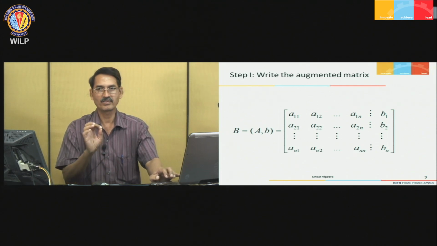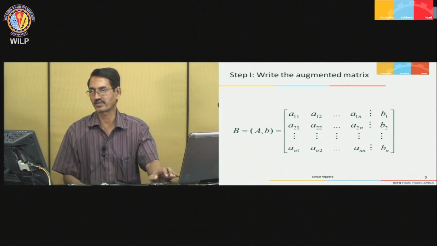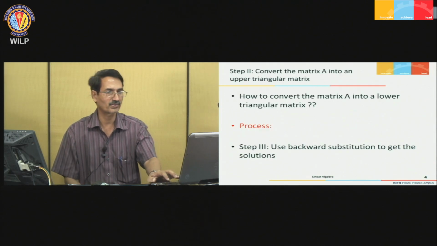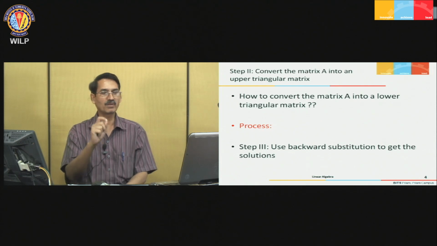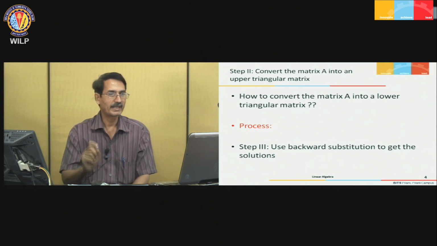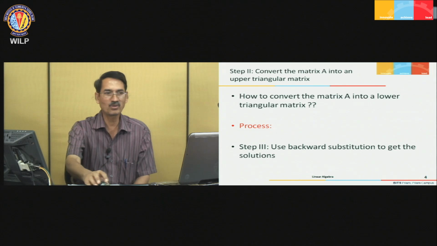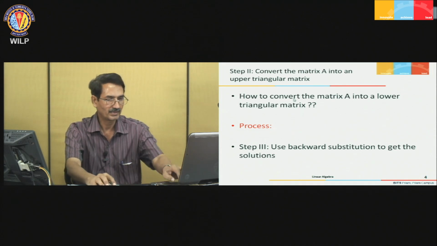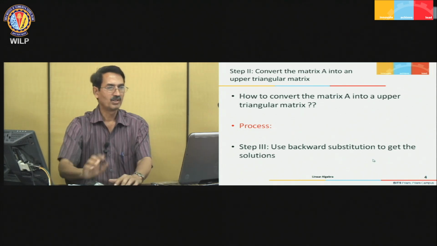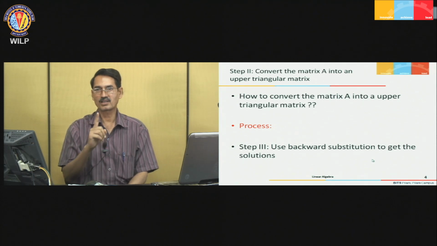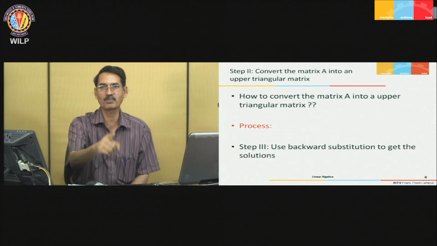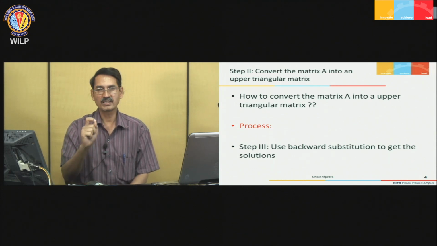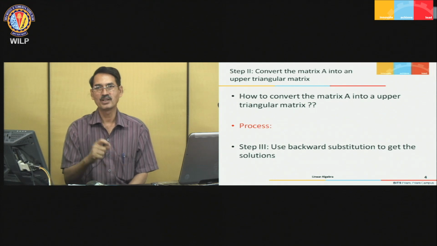So, I assume that now B is known to us, and when this matrix B is known to us, then we are going to convert this matrix into an upper triangular matrix, not a lower triangular matrix. Let me correct here. The whole process is to convert the matrix A, not the matrix B, into an upper triangular matrix. Then we shall use the backward substitution to get the solution.